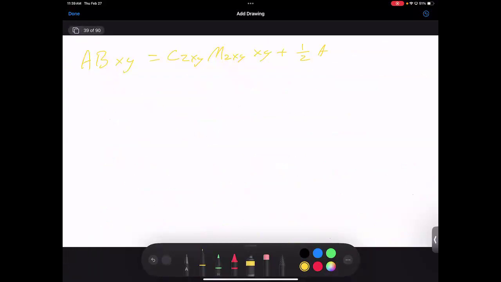So 1/2 AB plus BA XY. So we've got a lot of XYs. I can remove the XYs from both sides. And so I want to solve and get AB equals C2XY M2XY plus 1/2 AB plus BA.